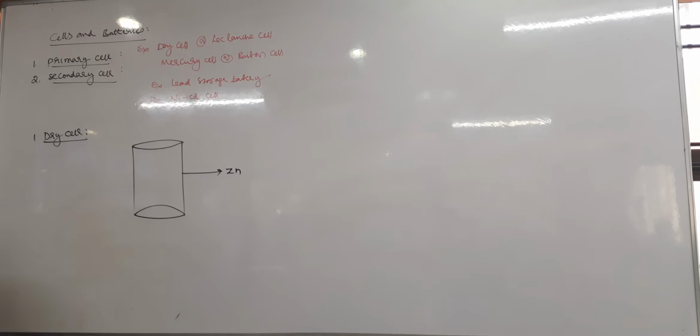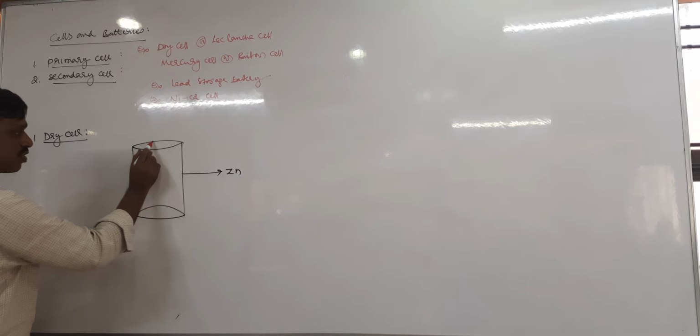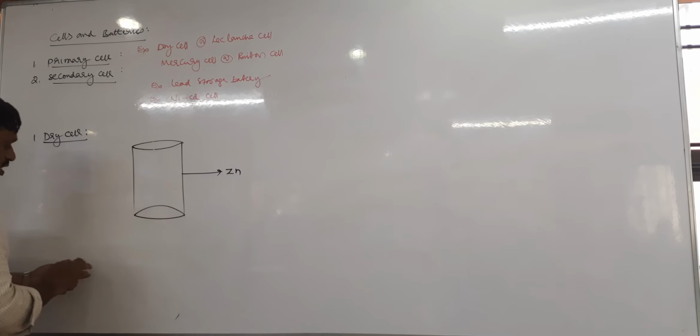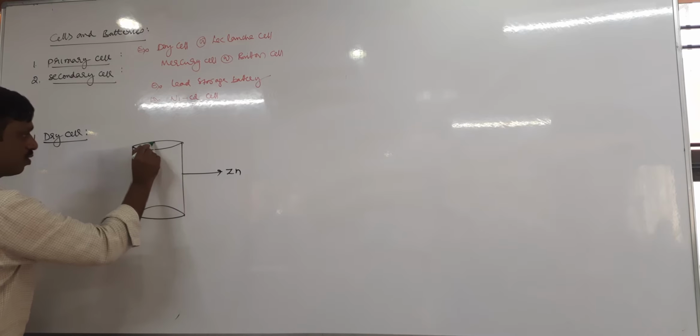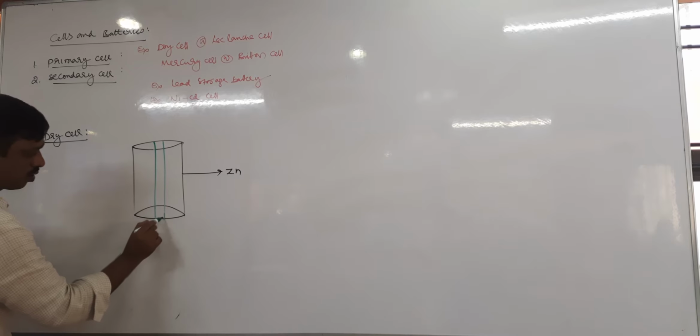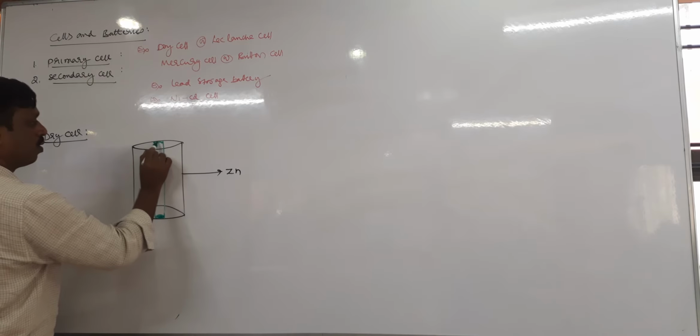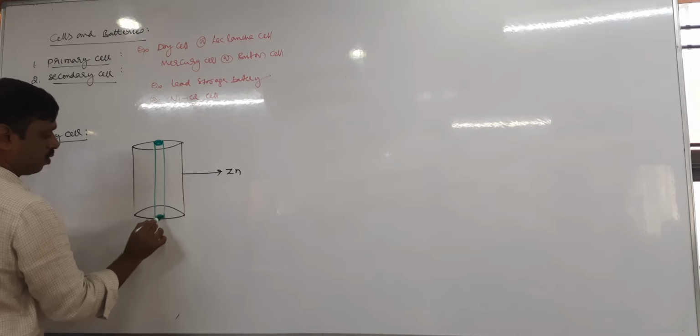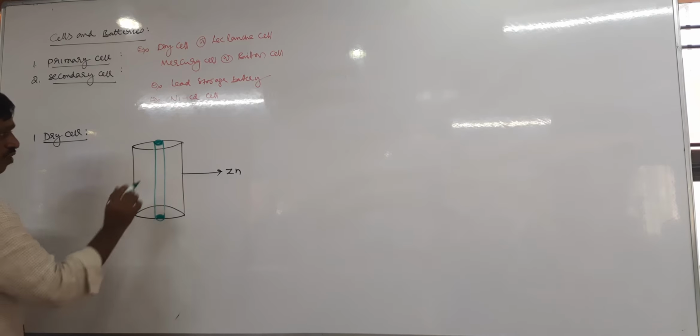A dry cell consists of a cylindrical vessel made up of zinc, and in the middle of the container a graphite rod is placed. There is a graphite rod.